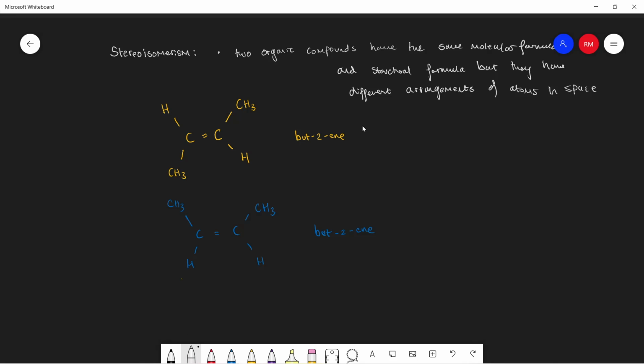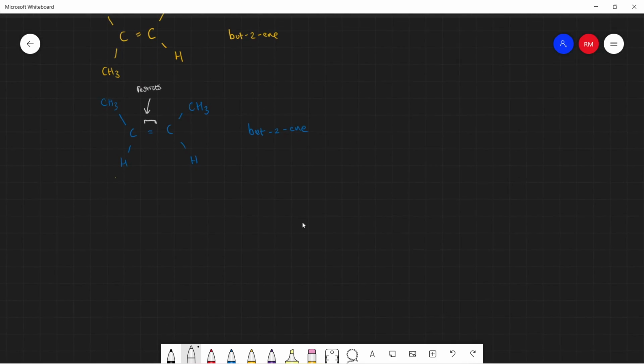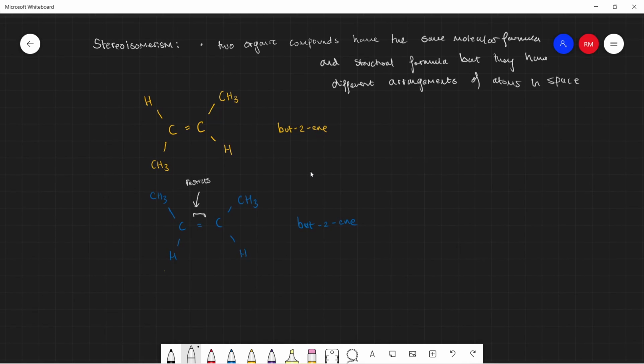And what that means is this double bond here restricts the movement of crossing here. It just allows the turning here, which is what causes this form of isomerism between alkenes.